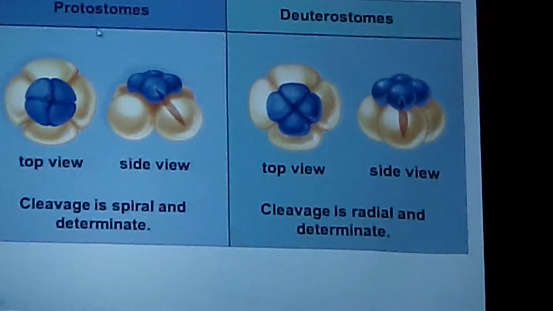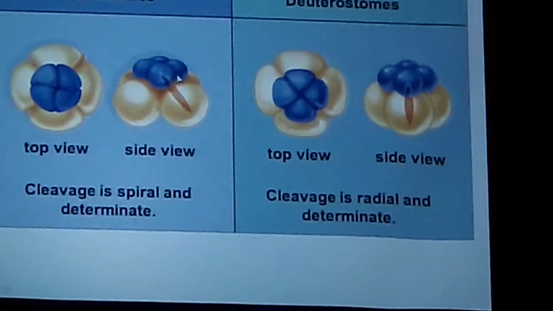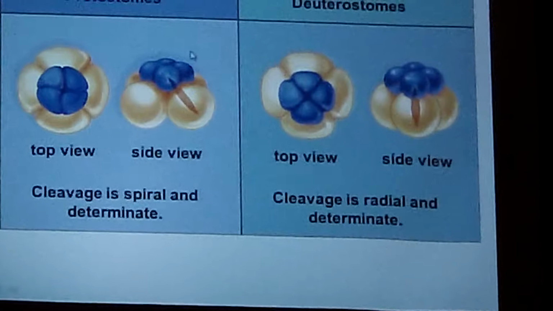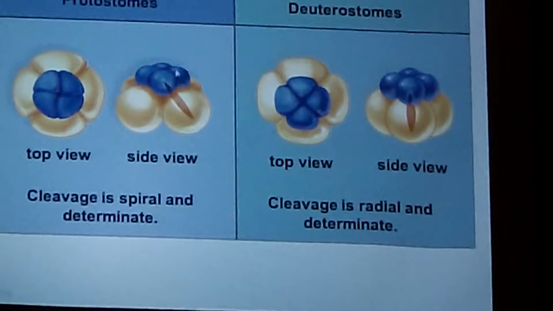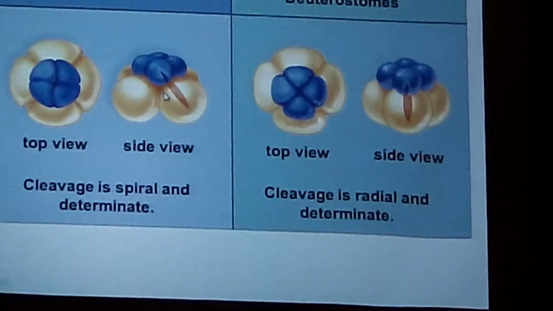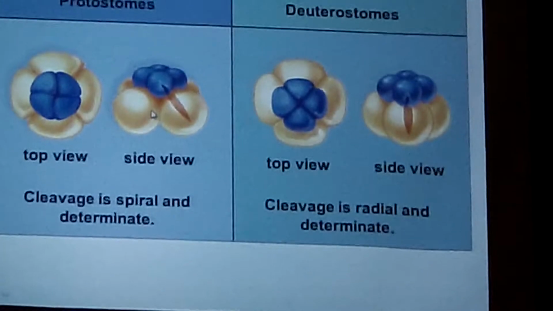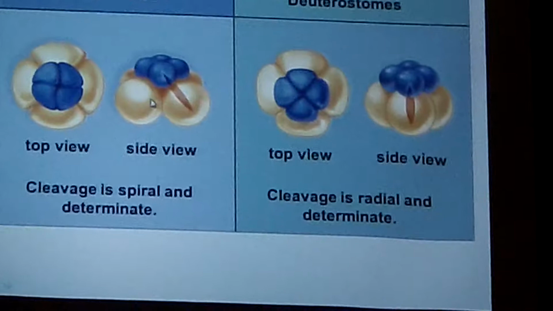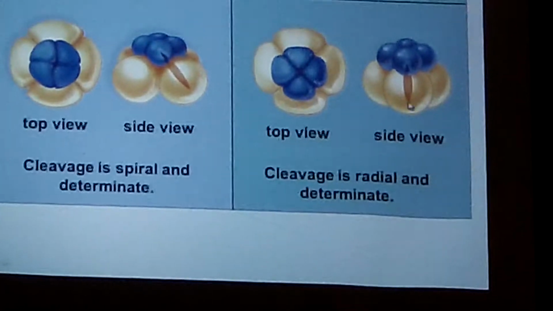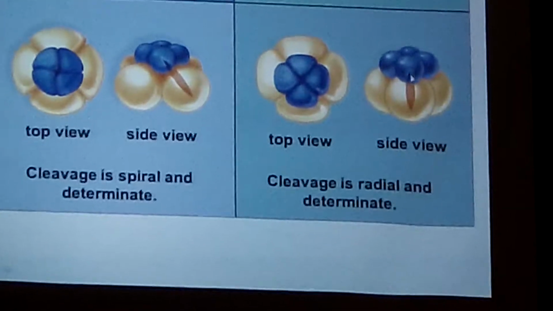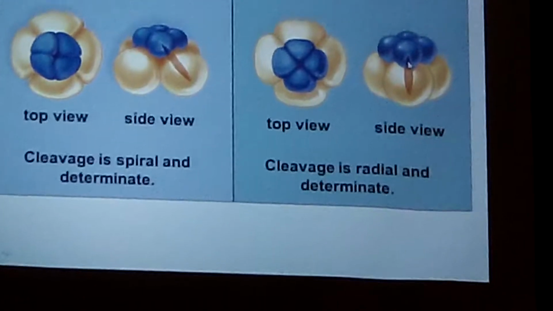Whereas if it's a protostome, the cells are kind of turned sideways. Where they're not straight above, there's an angle between the bottom cell and the top cell. It's like the top cells fit in the groove between the bottom cells at the 8-cell stage. Whereas deuterostomes, they're not in the groove, they're right straight on top. You see what I'm saying?